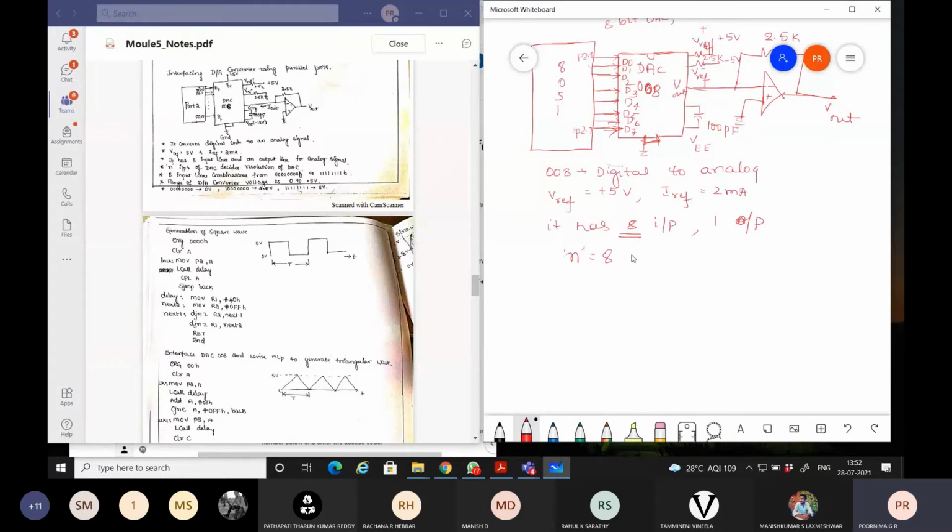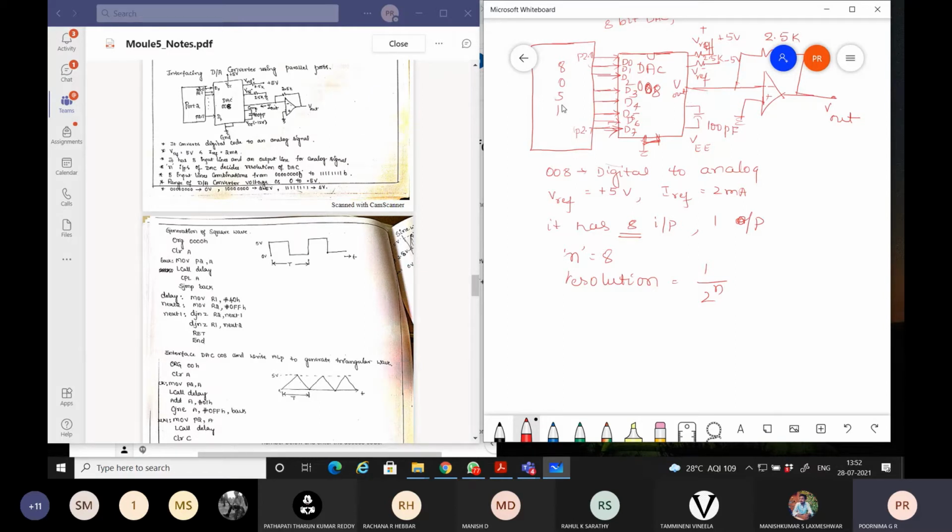Hence this is an 8-bit DAC. The resolution for this DAC is equal to 1 by 2 to the power of n. So what do you mean by resolution? It is the minimum change in the input that makes a digital to analog converter give a measurable output.